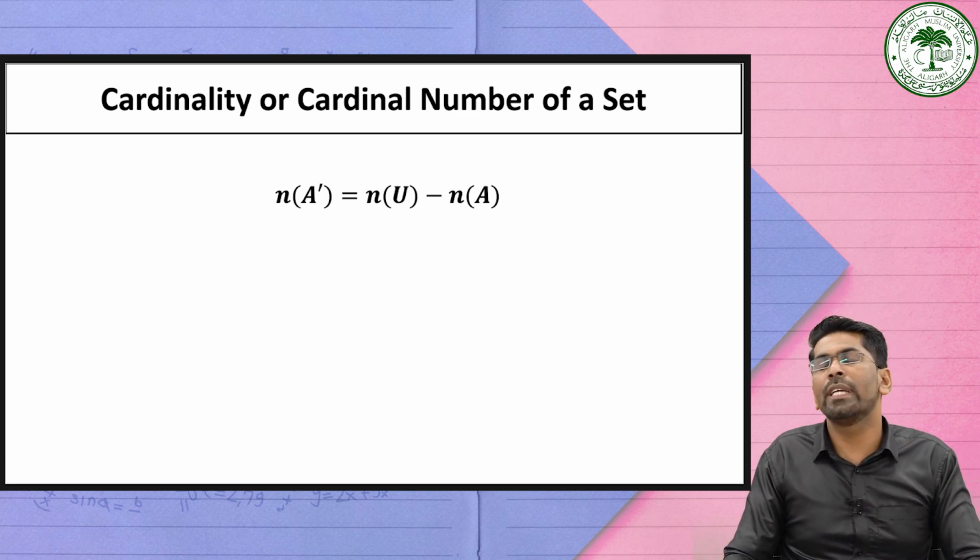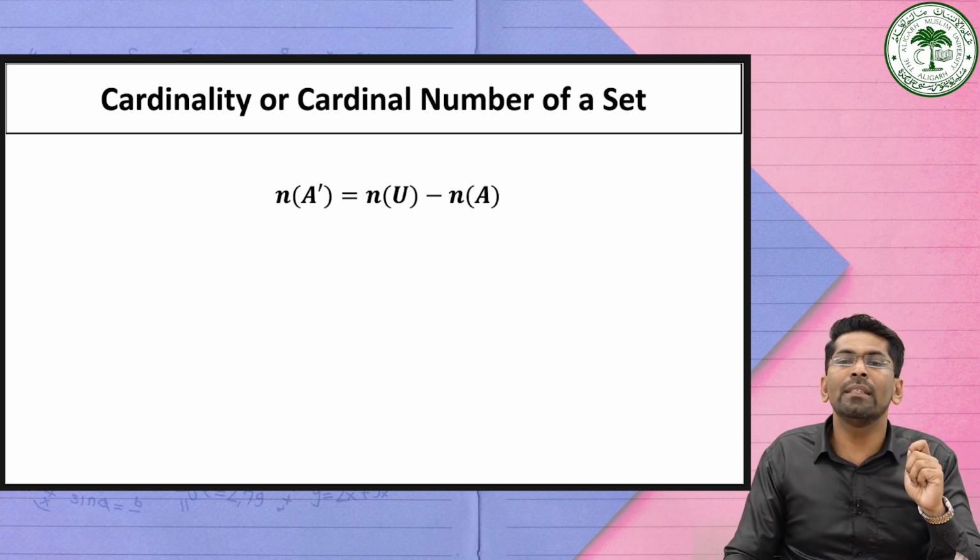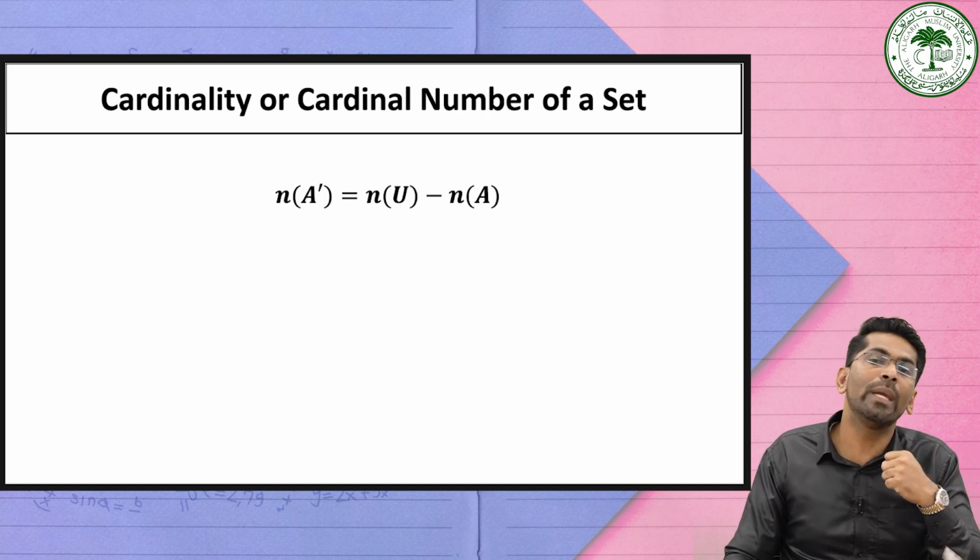So if we have two sets, let us consider set A and set B, then the number of elements in certain intersections involving set complements can also be calculated.